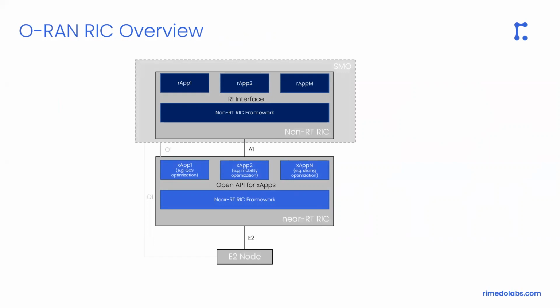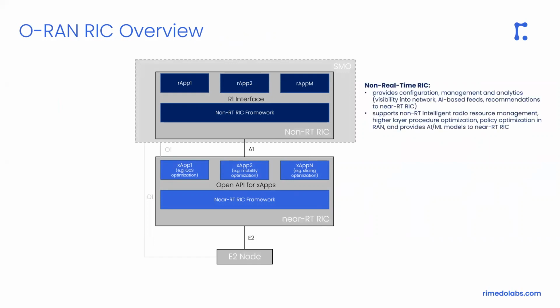And then the rApps are a part of it as external applications, but it serves as a framework for this. The non-real-time RIC provides configuration, management, and analytics, gets visibility to the network, and it's mostly related to non-real-time adaptation based on the AI feeds, and supports the radio resource management or procedure optimization, policy optimization for the RAN.